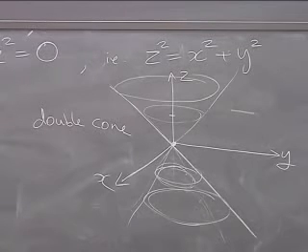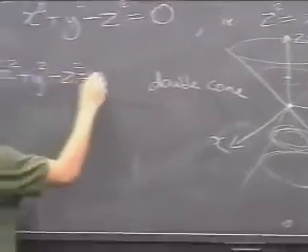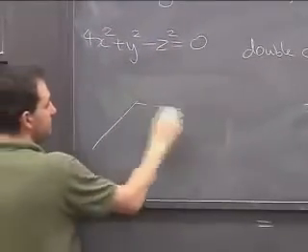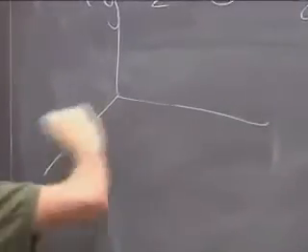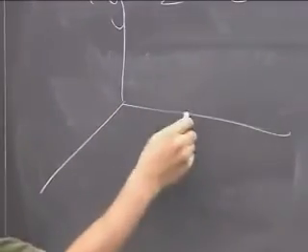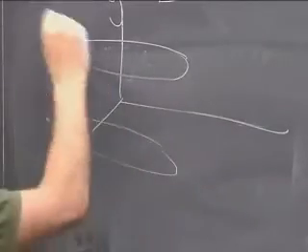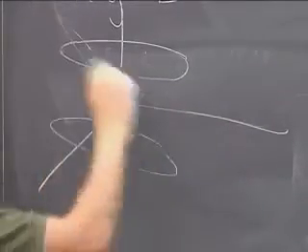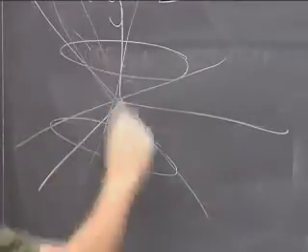So in my example, 4x squared plus y squared minus z squared equals 0, the only difference between that picture and the other picture would be that x is squished by a factor of 2. So instead of being circles, they're ellipses. So the cone is sort of fatter in the y direction than it is in the x direction.